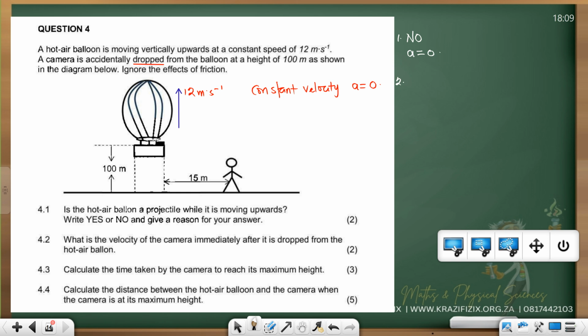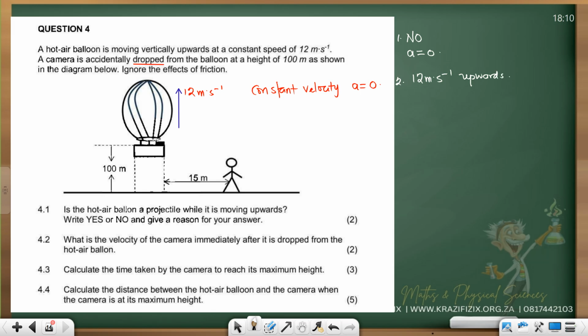All right. What is the velocity of the camera immediately after it is dropped from the hot air balloon? The velocity of the camera, I just explained that, is 12 meters per second upwards. Please take note, the camera would go up before coming down, according to Newton's first law of motion.